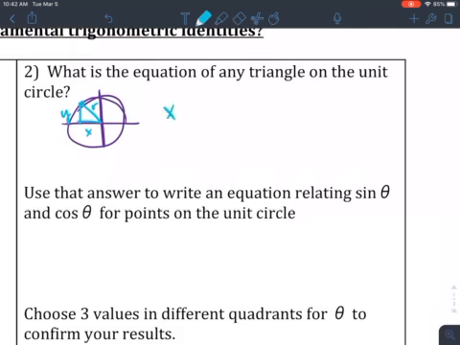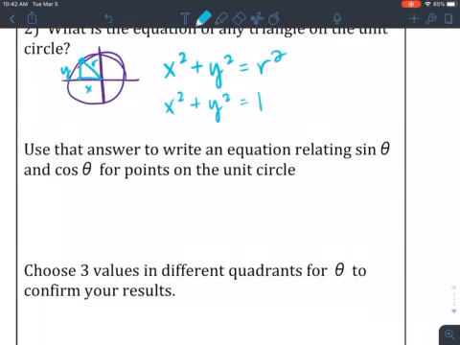So if I have x squared plus y squared is equal to r squared, and my r in a unit circle is equal to 1, so x squared plus y squared is equal to 1. We know that x is equal to the cosine of theta and y is equal to the sine of theta, so cosine squared theta plus sine squared theta is equal to 1.